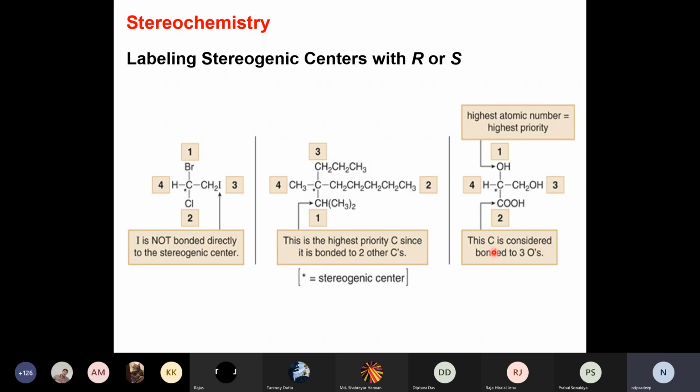And the third one is that if there is a lone pair of electrons, you better consider them as the lowest group. So these three things you have to remember in R and S. If you have studied well and good, I am just adding this to it. Can you remember these three things?